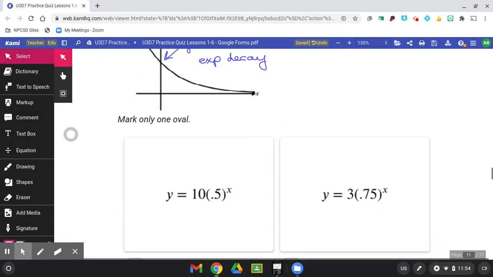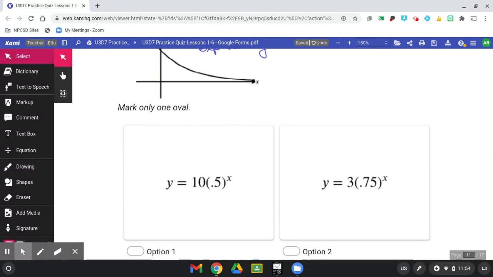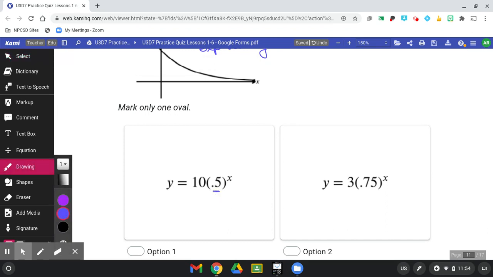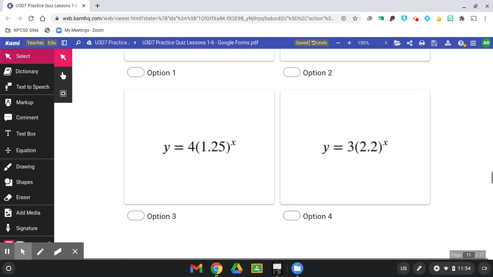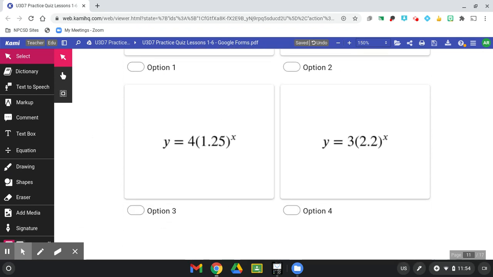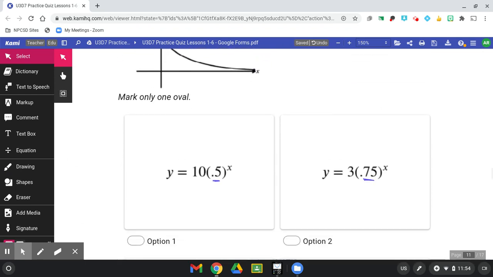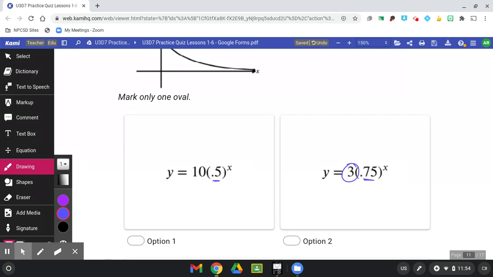So as we look through, we see that these are the only two options that have decay because our b values are less than 1. If you go down, these are greater than 1, okay, and it's less than 5, so the y-intercept and the a value represents that, so the answer has to be option 2.